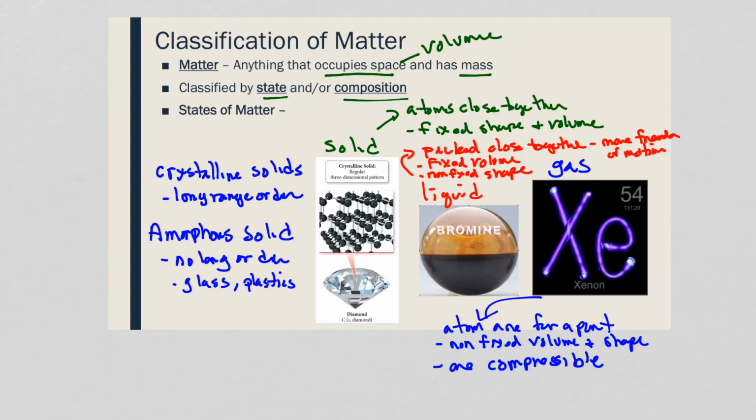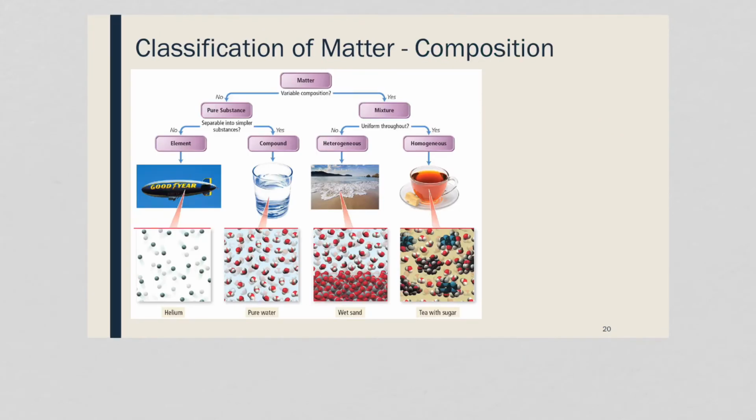All right, so now let's move on to talk about our second method of classification, and that is classifying things by composition. So if we look at our flowchart here, we see that we can break matter down into two categories.